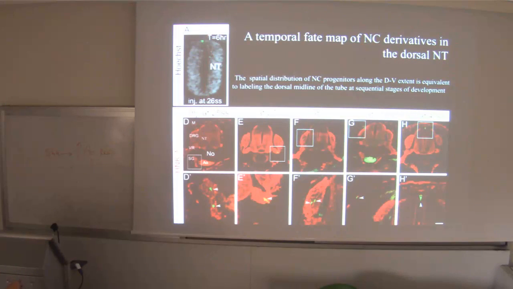And then he does this exercise at different stages, and then fixes the embryos, let's say 5 days later, and sees what is the fate of the cell that has been impaled at different times. And what he finds is the following. If he does this exercise at 25 somites, when the embryo has only 25 somites, always at the very same axial level, but at different stages, the cells go to the sympathetic ganglion.